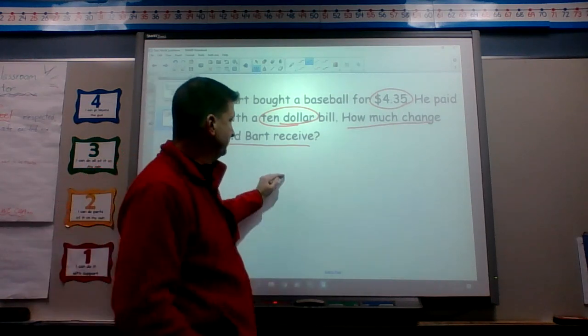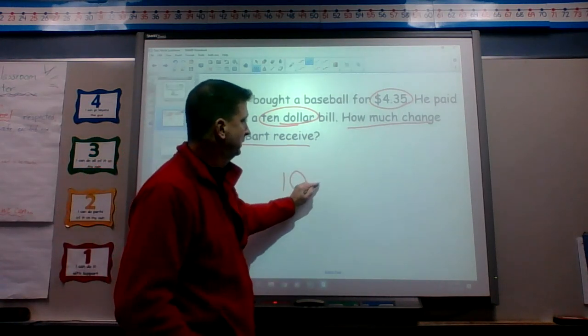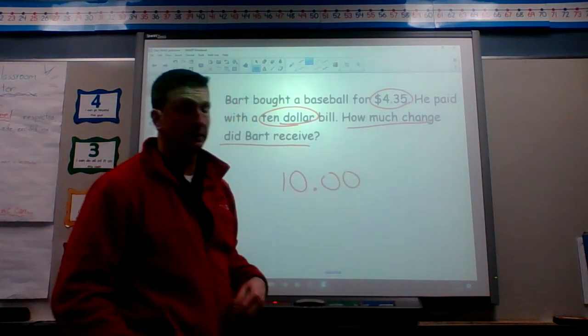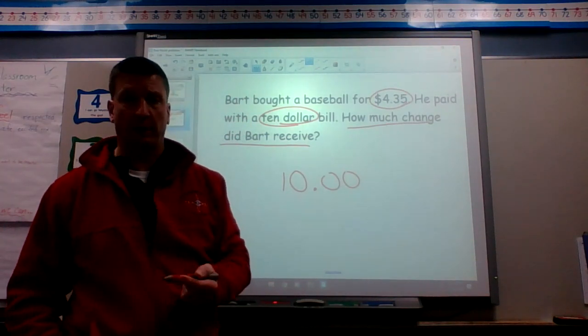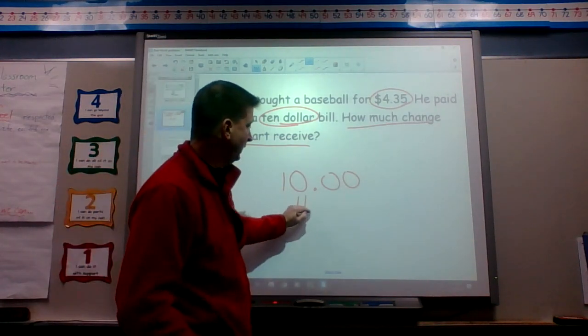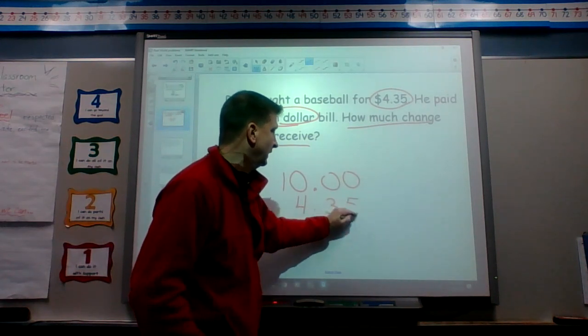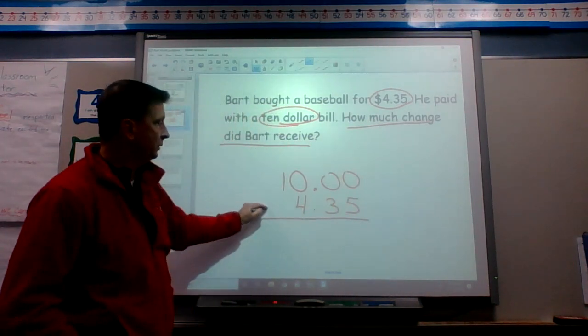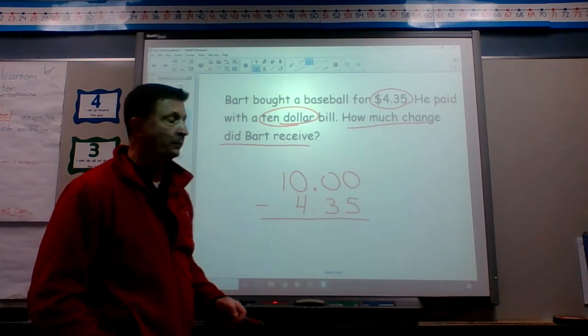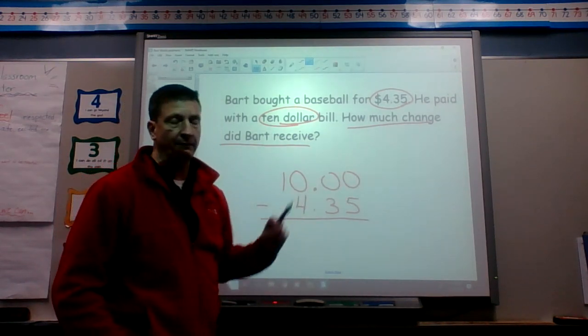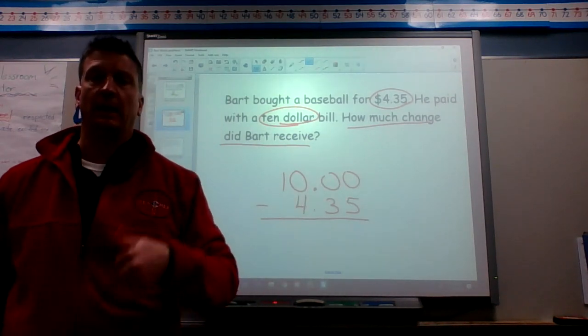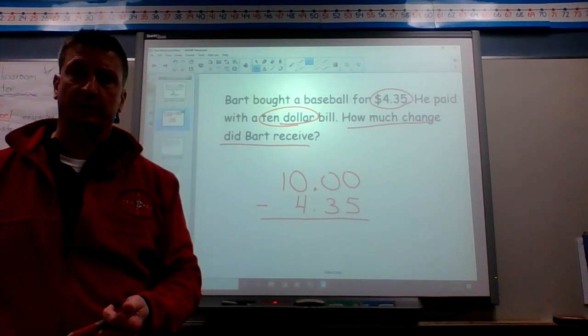We know we have $10 and 0 cents. This is going to be one of those decimal problems because I have $4.35 that I paid. So we paid this amount. This is how much we gave them. And now we've got to figure out how much money we're supposed to get back.